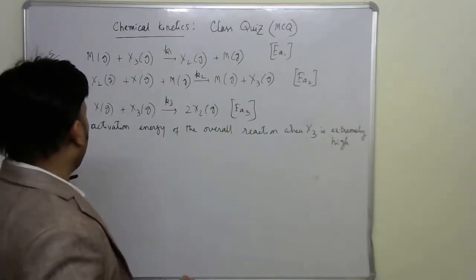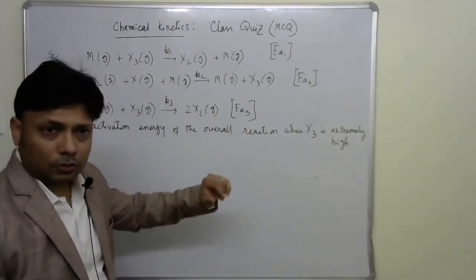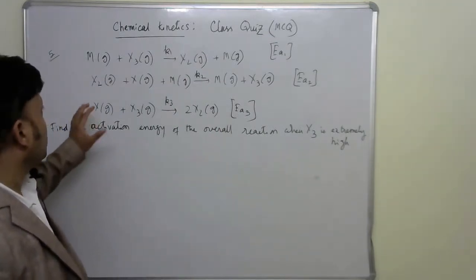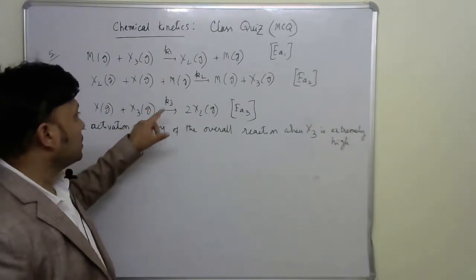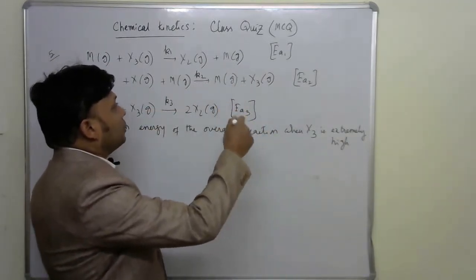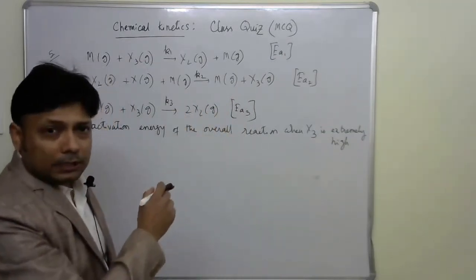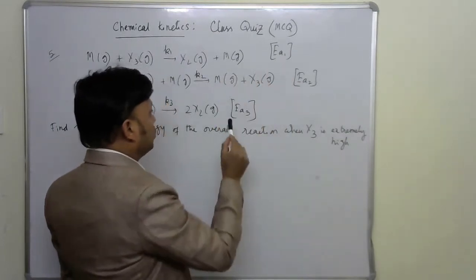Question number 5 gives you a mechanism. It's a 3-step consecutive reaction. The first step rate constant is K1, in the second step it is K2, and in the third step it is K3. And also the activation energies at each corresponding step are given: EA1 for the first step, EA2 for the second, and EA3 for the third.